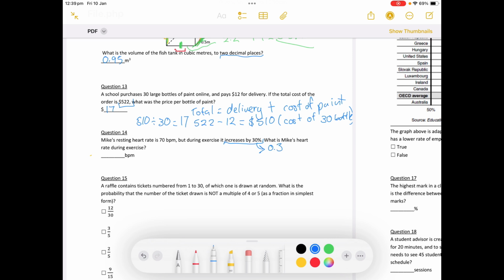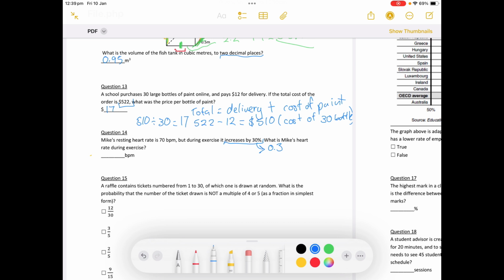Now, his heart rate is going to increase. So we have the original heart rate and we're going to add 30%.